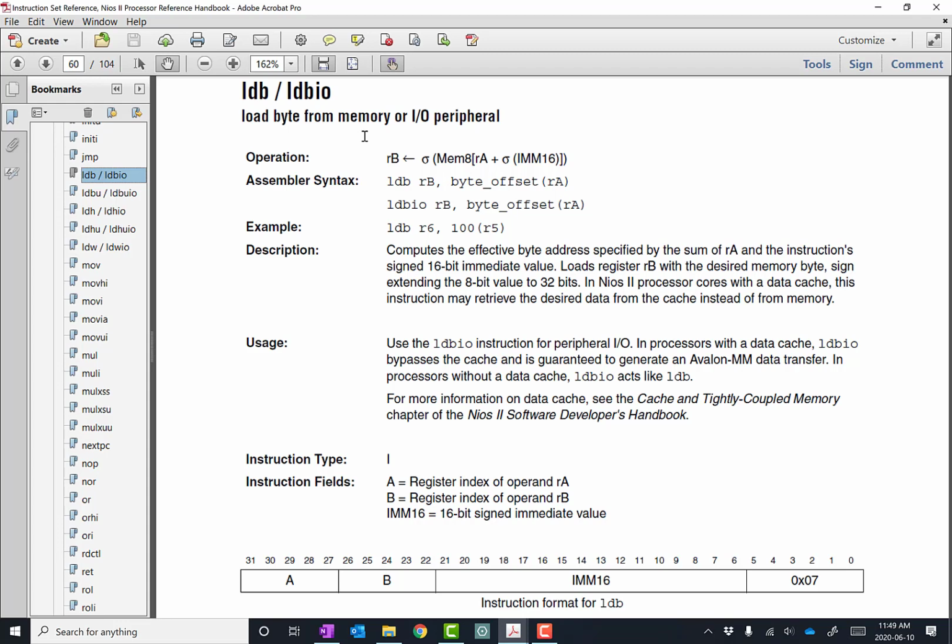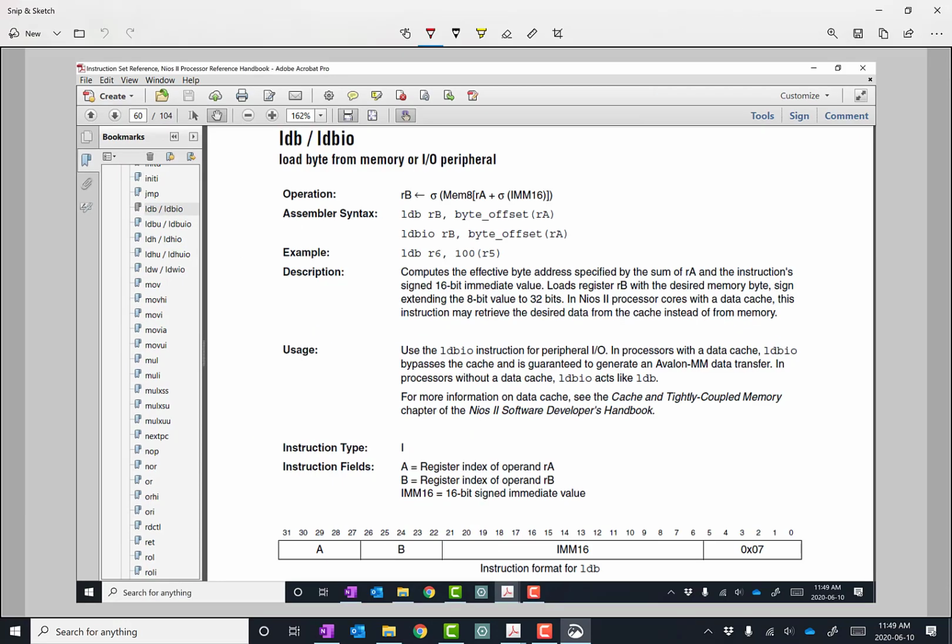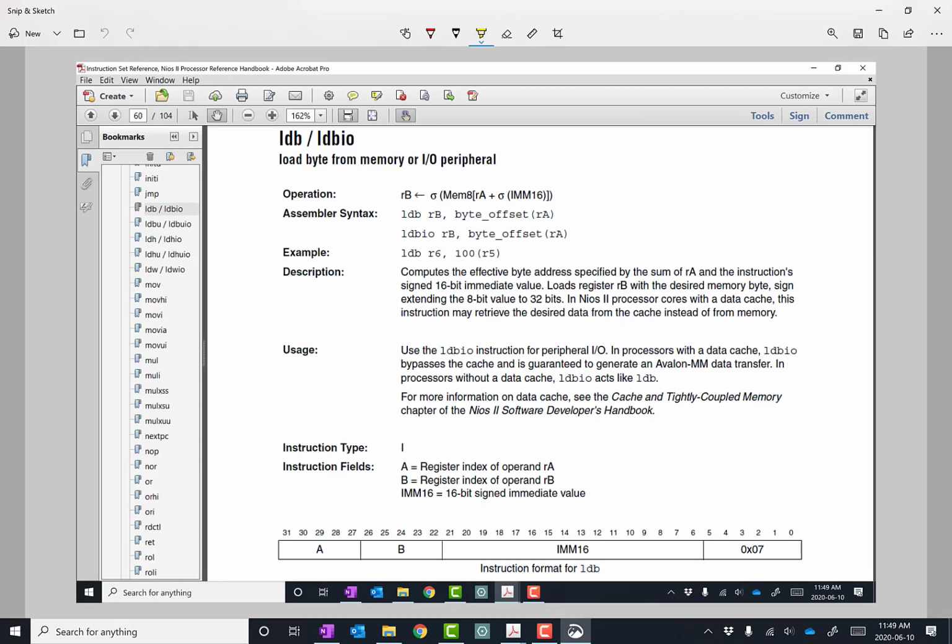But we should note here that the load byte, I can open this up so I can highlight, loads register B with the desired memory byte, sign extending the 8-bit value to 32 bits. So there's the key part. It's doing a sign extension.